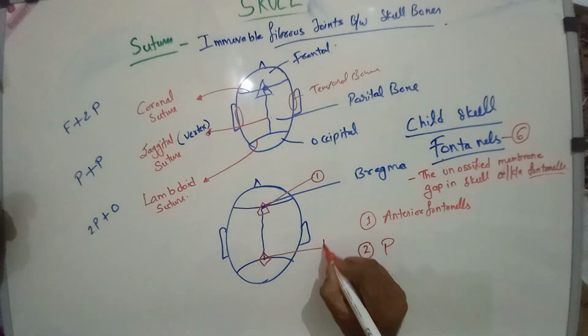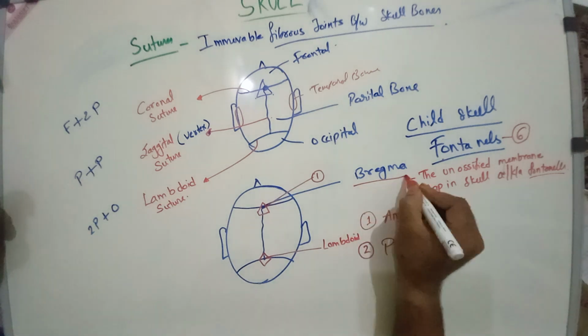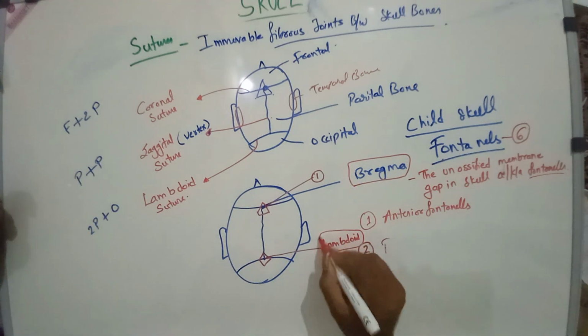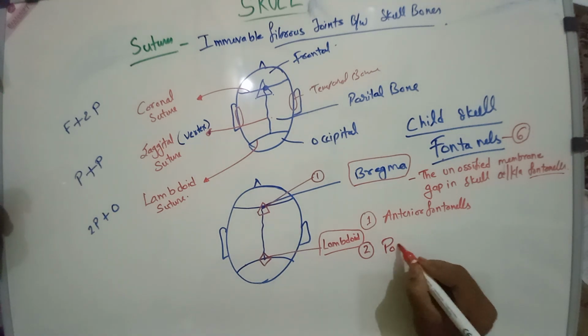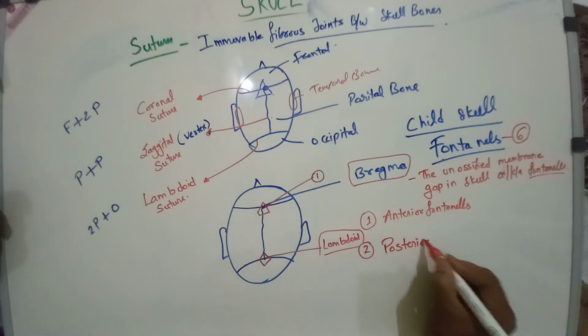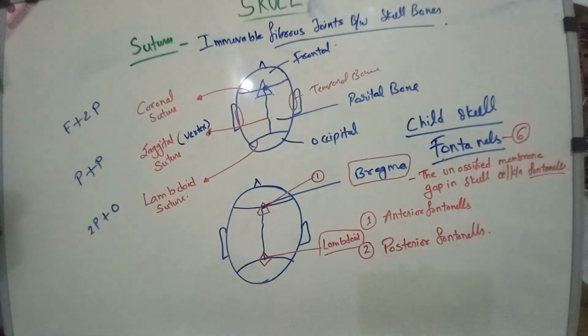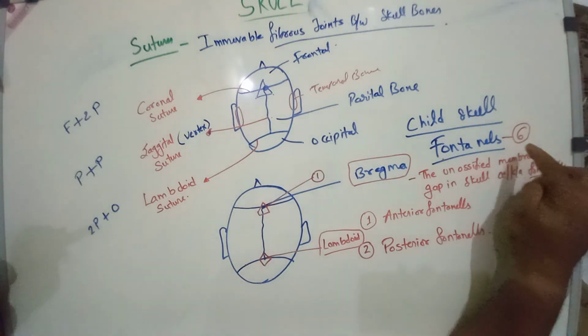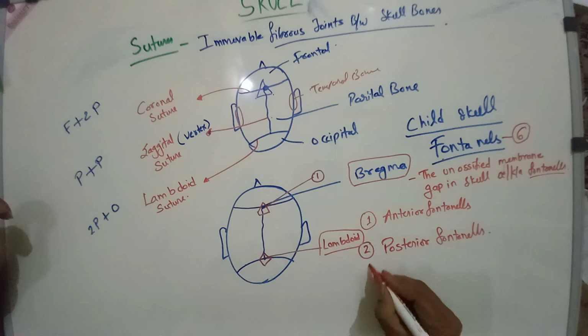What it is called is lambdoid. This is called bregma and this is called lambdoid because this is situated at the lambdoid suture. Posterior fontanelle. Now what about 1 and 2 and what about the other 4 fontanelles?